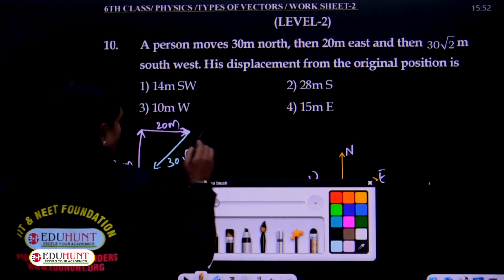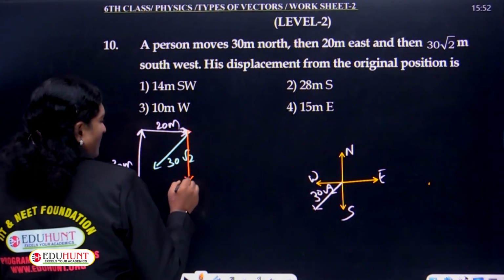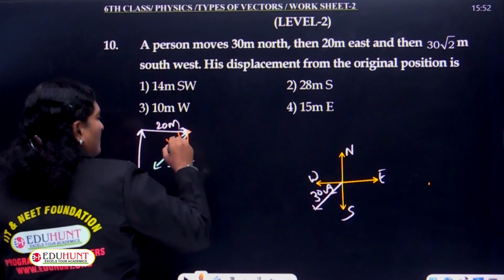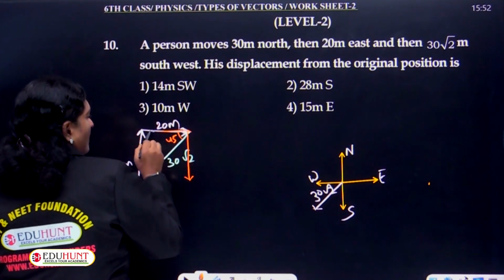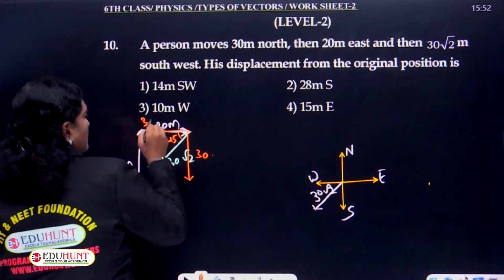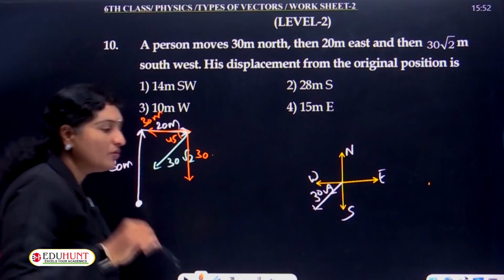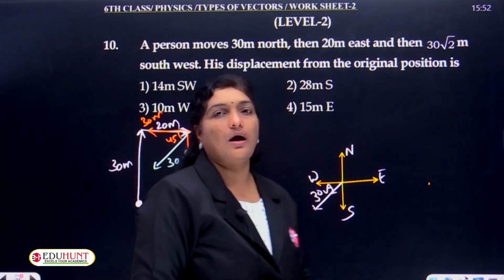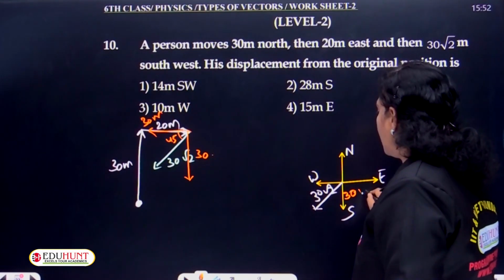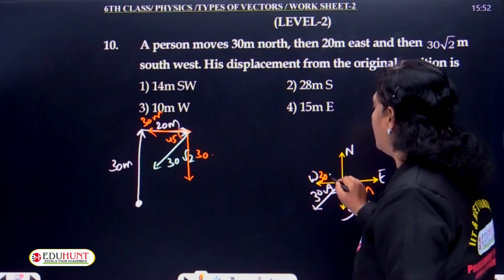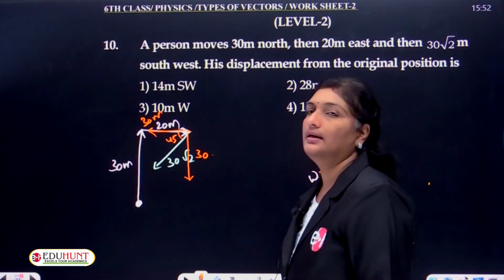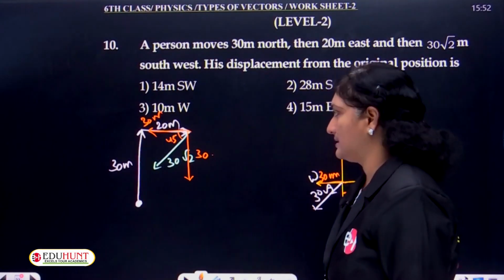It must be 45 degrees, children. Here also 30, and here is 30. So if he is moving 30 root 2 meters southwest, it simply means that he covers 30 meters south and 30 meters west.